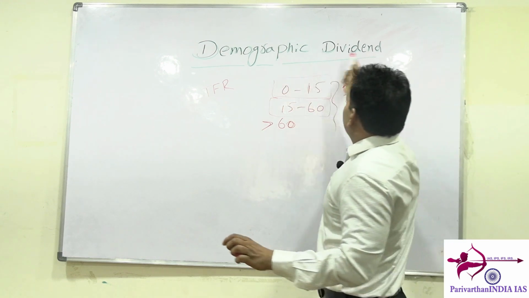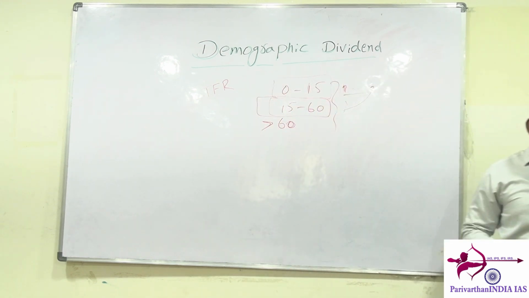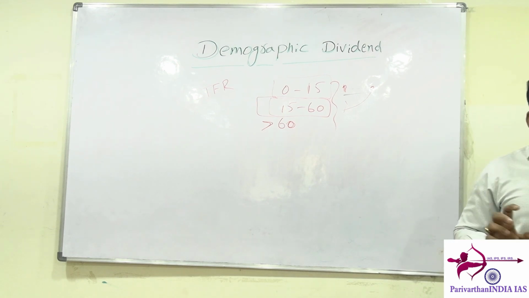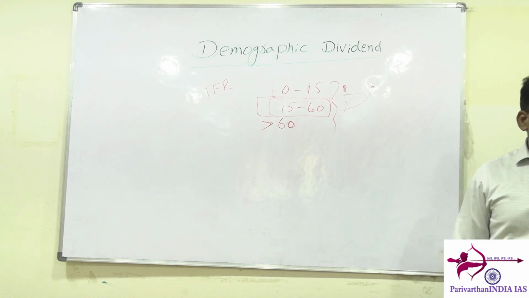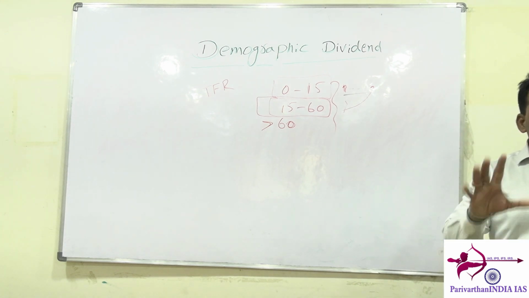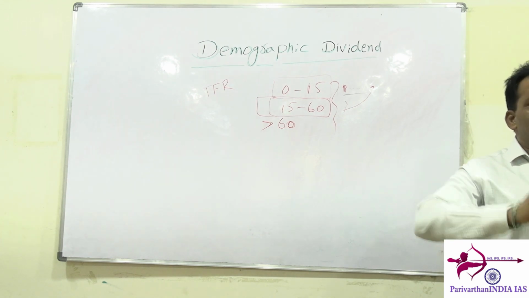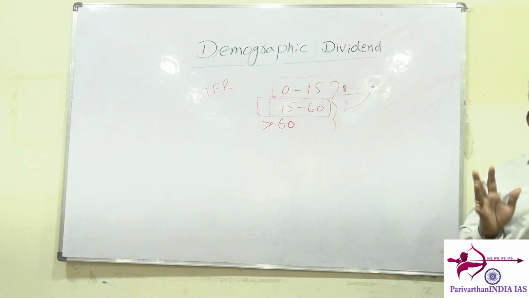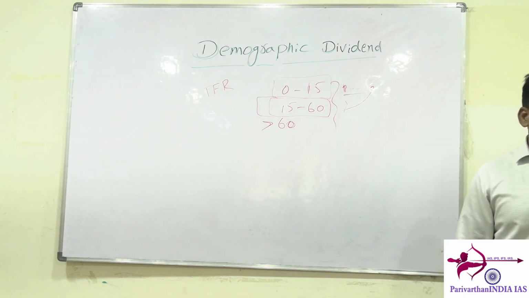However, as far as the demographic dividend is concerned, we should talk about this one. So why is this important? Why is this a basic topic for all to know? Because the nature of the population is the base for every socio-economic, political, whatever dimension of a society, a country.